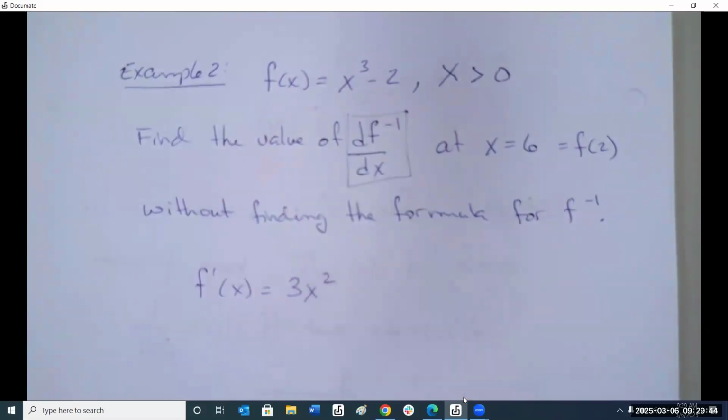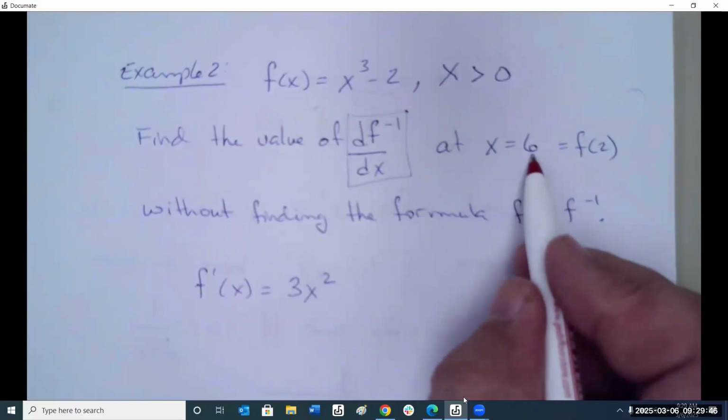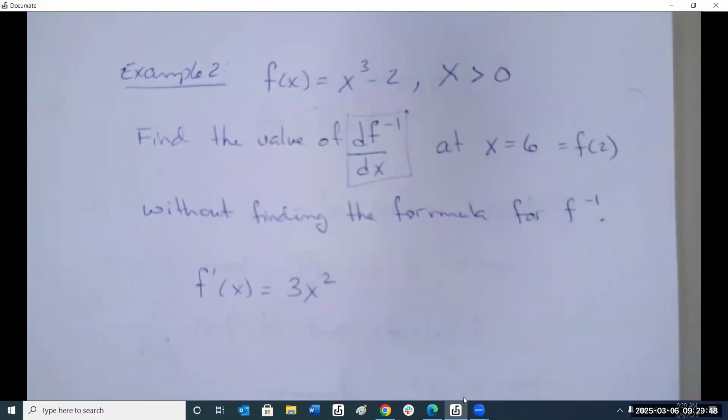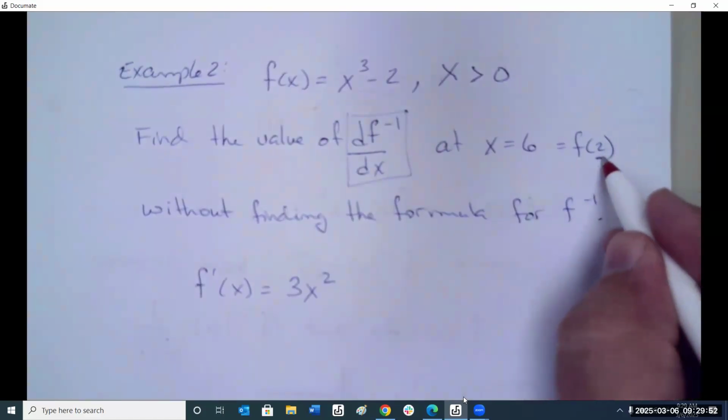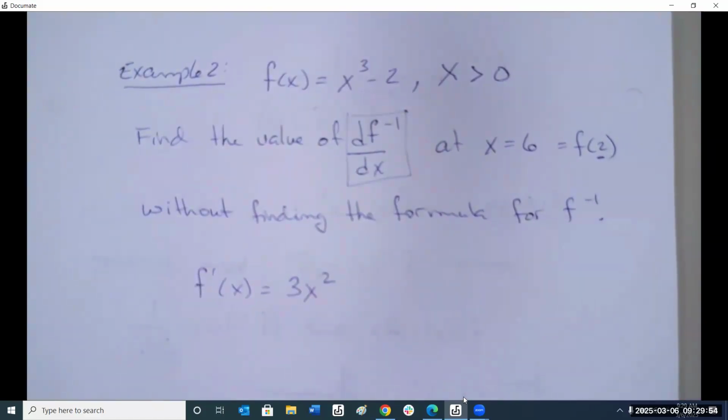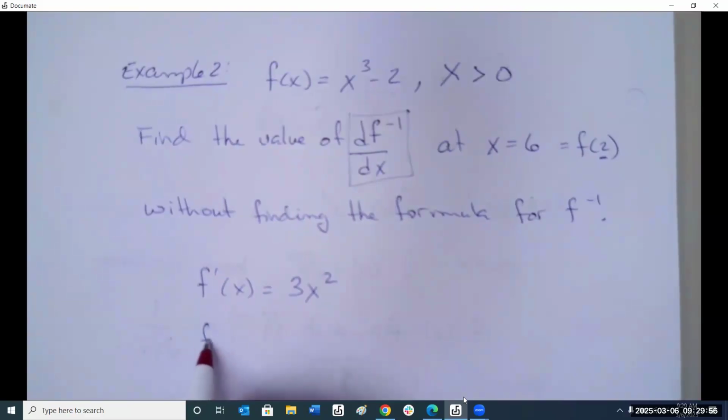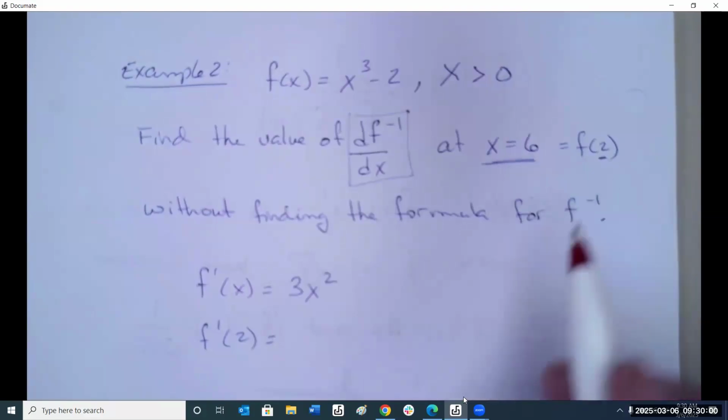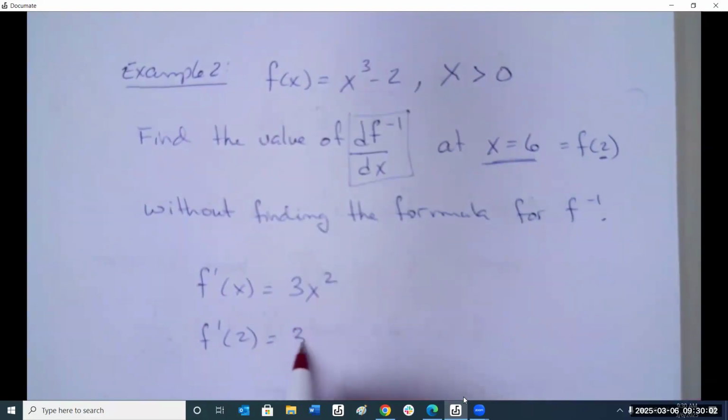3x squared. When x equals 6. Actually, we're looking at f of 2, because this is for the inverse. So we have 3 times 2 squared, 3 times 4, which is 12.